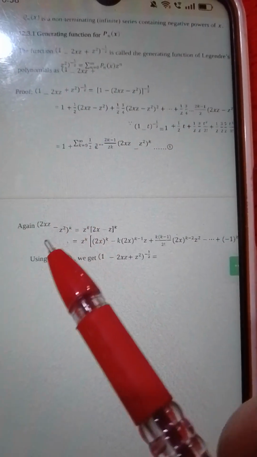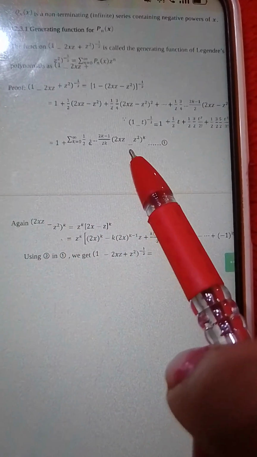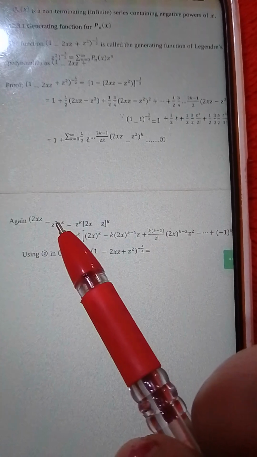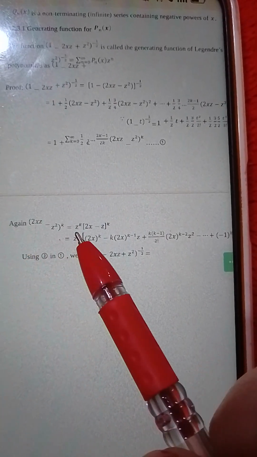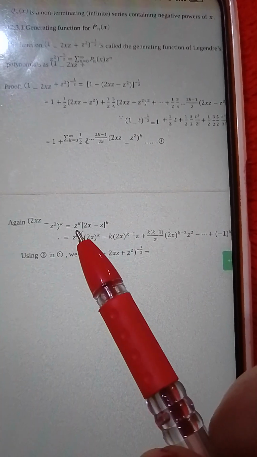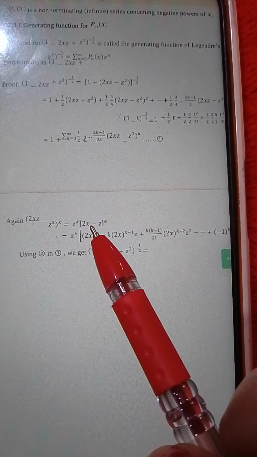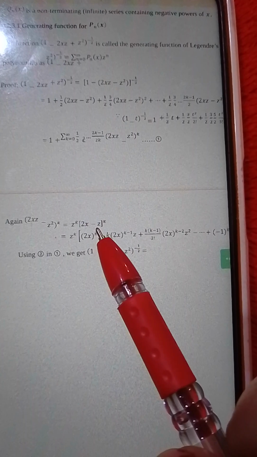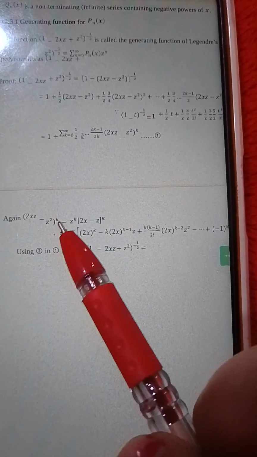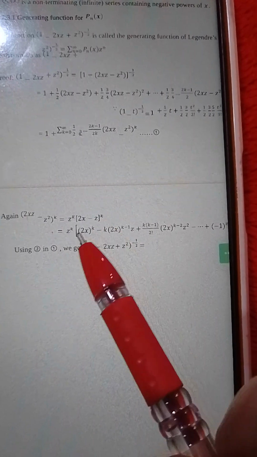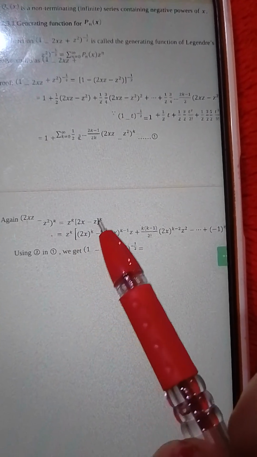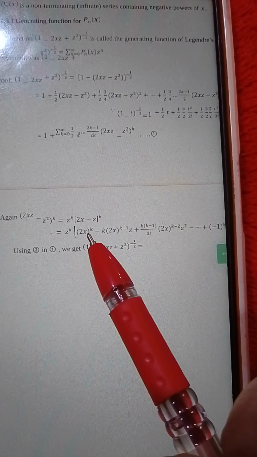Now again, in (2xz minus z square) power k, we will take z common, z outside. What will we get? z power k, (2x minus z) is here, so we have taken z outside, so one z is left inside, and again we will apply the identity.